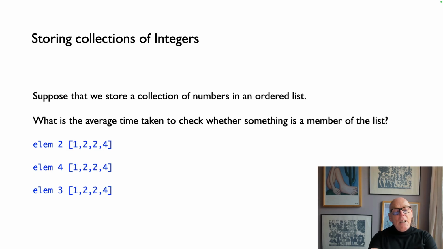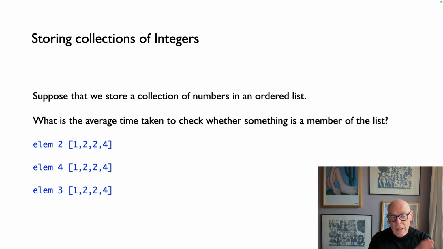Now we can speed that up a tiny bit in the case of an ordered list. For example, if we're looking for the element 3 in a list, once we have got past the number 2 in the list, if the subsequent number is not 3, then we know that we have reached the point where 3 would occur, and if it doesn't occur, it means 3 is not a member of the list.